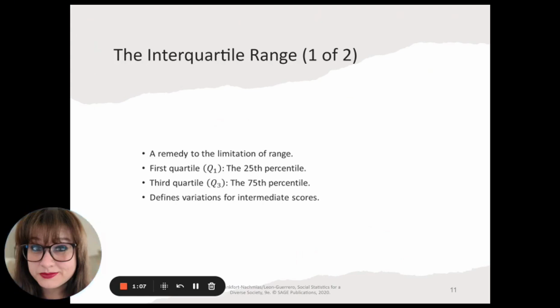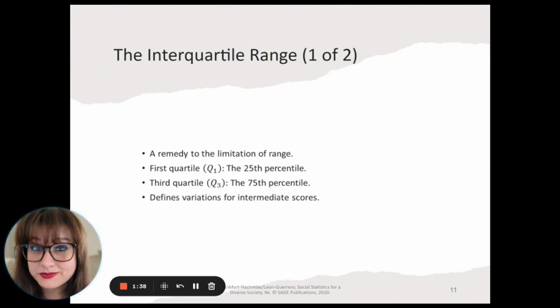The range also is limited because it really shows the extremes, which is why it doesn't really give us full information about the variation. It can give us a range, which shows that it's a large range, of course. But again, that range doesn't necessarily give us a whole lot because it really is just the difference between the highest, the maximum, and the lowest.